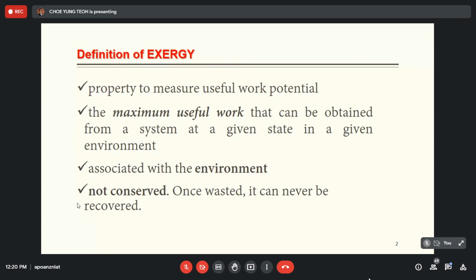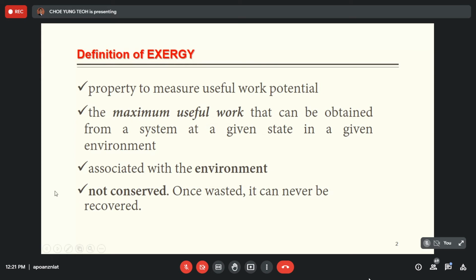For example, electricity is the most useful energy we have in the world. Secondly, maybe mechanical energy, rotation or motion. Then the lower quality energy is normally heat. It is quite difficult to use heat directly. You always have to change it to mechanical energy or electricity.